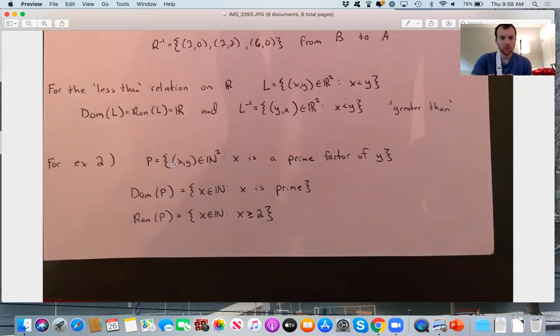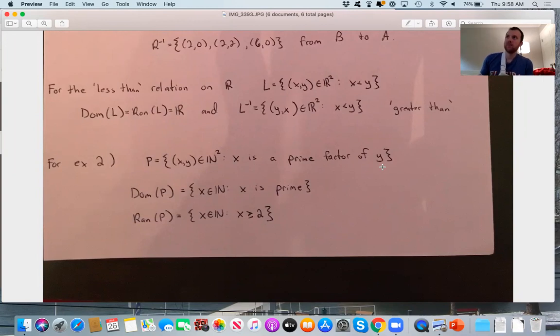If we take all pairs x, y, so x is a prime factor of y, what are the possible first coordinates? Well, if you're going to be a first coordinate, you are the prime factor of something, so you definitely have to be prime.